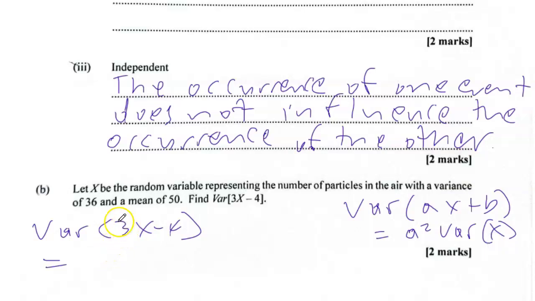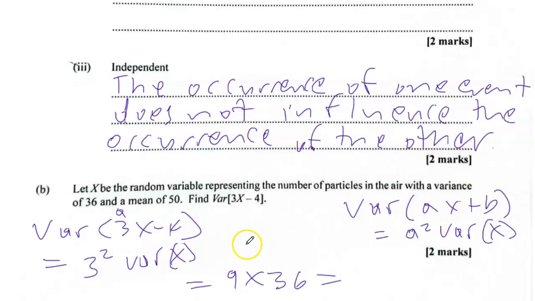So in this case, a would be 3. So this would be 3 squared times the variance of x. 3 squared is 9, and the variance of x, we're told, is 36. So it's 9 times 36, which is 324. So the mean doesn't come into play at all there.